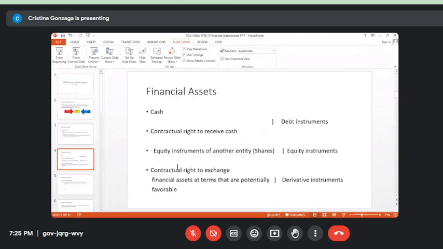So let's see, wait lang ha. Let us see our handout. The handout that I gave you last time.